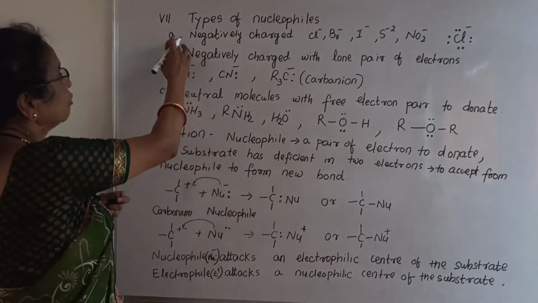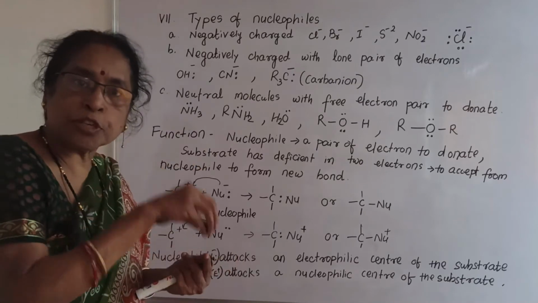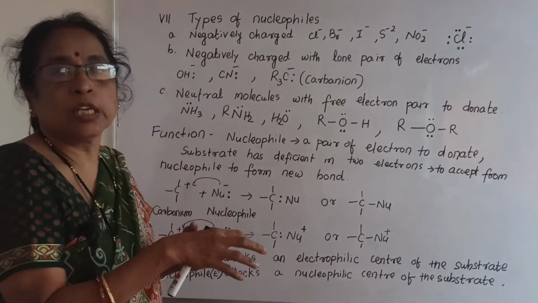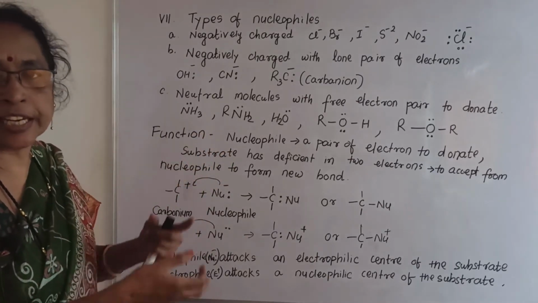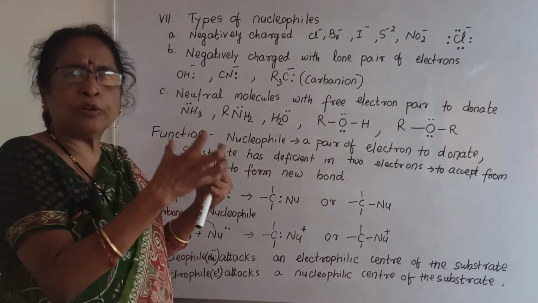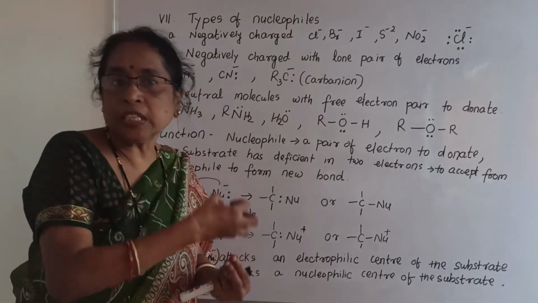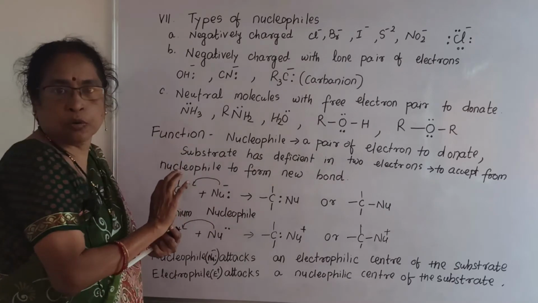That means here you can see the first is a negative charge, the second is a negative charge having a pair of electrons, and the third is a neutral molecule with a free electron pair that can be donated easily. Now what is the function, how does the nucleophile come to the substrate molecule, and which type of substrate molecule will be attacked by a nucleophile?